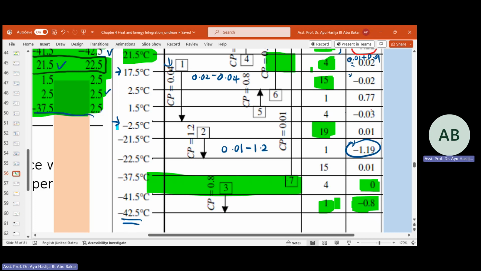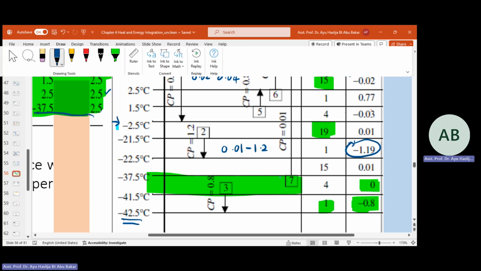From just now we mentioned CPC minus CP hot. Here it involves only hot stream, no CPC involved.